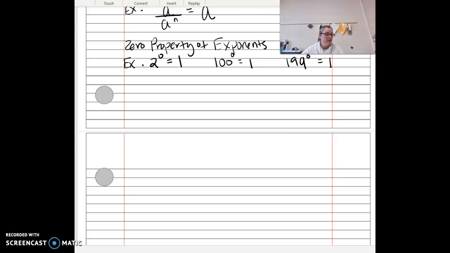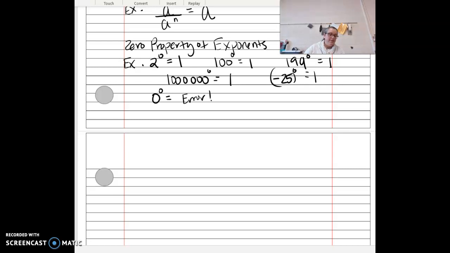Yeah, that's 1. A million to the 0 power. It's 1. Negative 25 to the 0 power. That's 1. Well, we're going to check one more. 0 to the 0 power is not 1. It's actually error. And there's a reason for that.